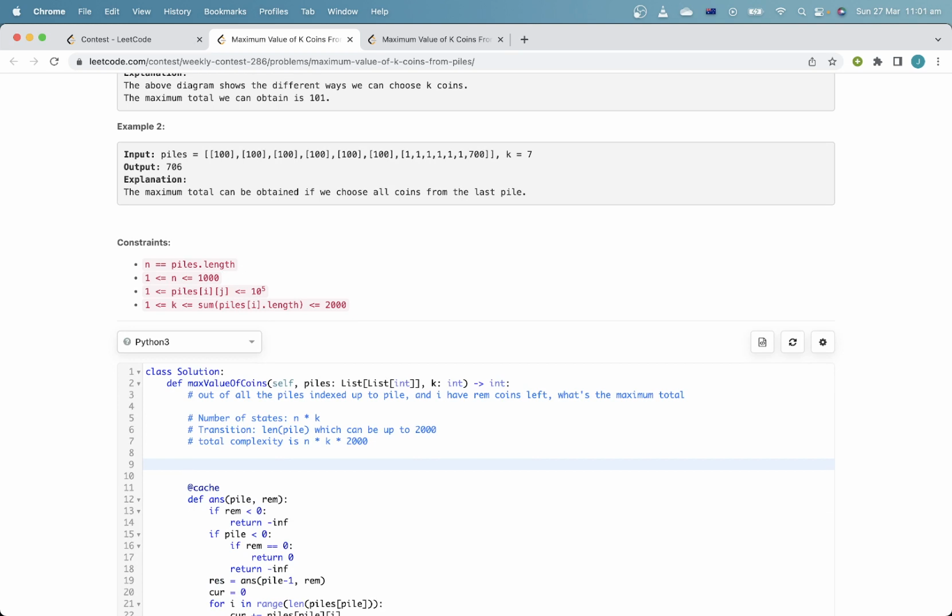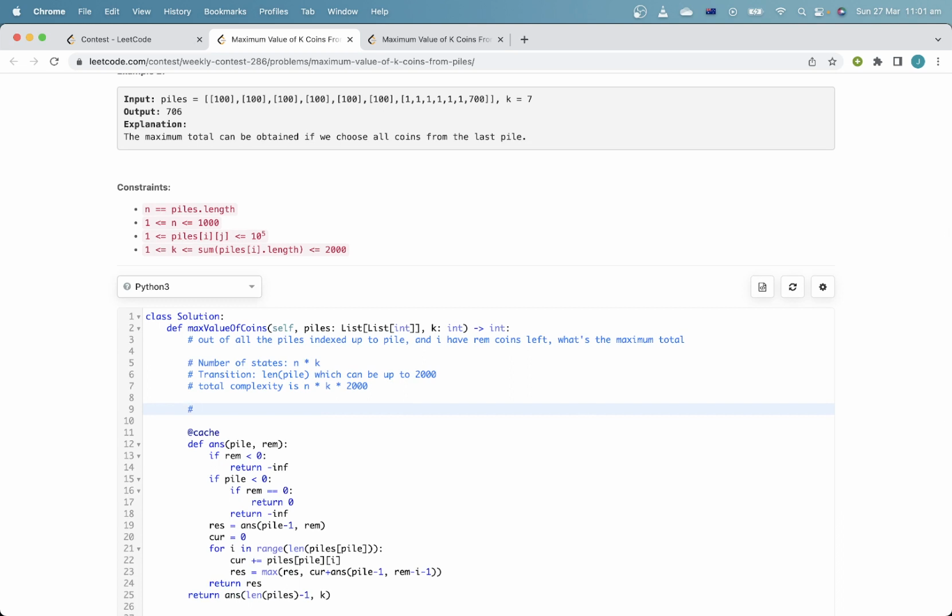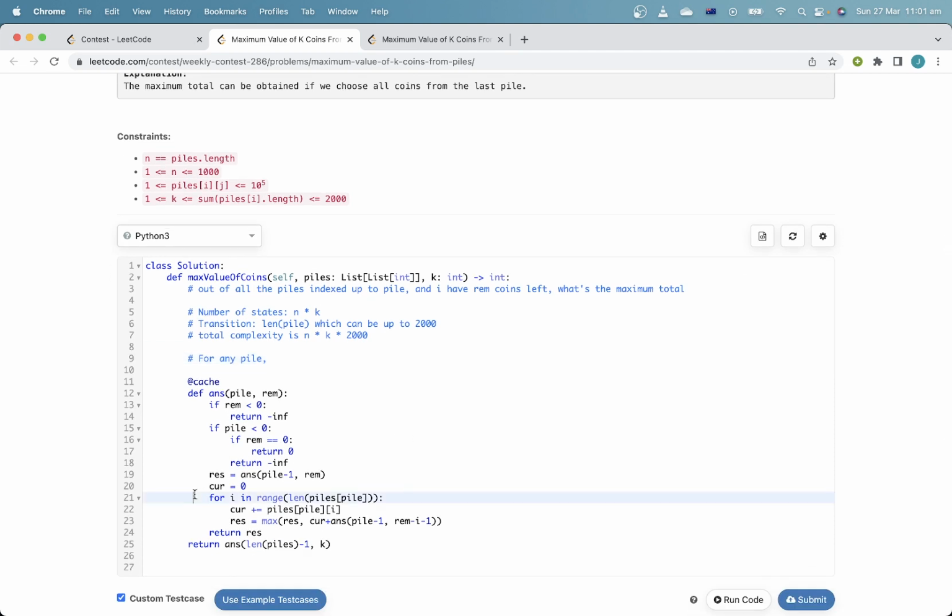Pretty much, let's consider for any pile, instead of finding the transitions for a particular DP state, I am going to think about it a different way. For each pile, out of all DP states and transitions that involve this pile, how many operations or calculations or checks do I do?